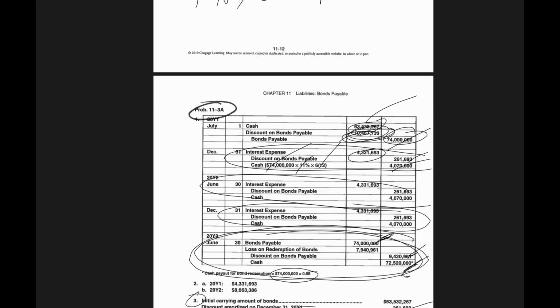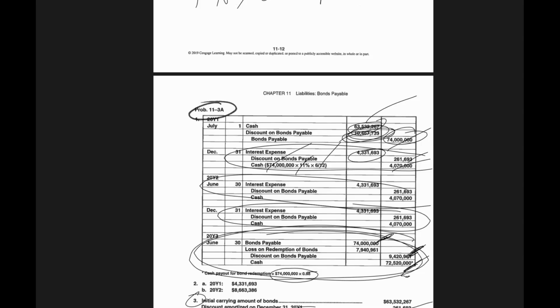Okay, the balance in the bond discount is 9.42. So they're telling us that's the discount number. And how would that have come about? There would have been 4 payments of $261,693, or entries, I should say. So if you take your calculator and do 261,693 times 4, that's 1,046,000.